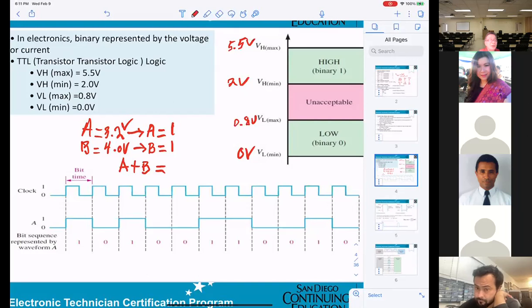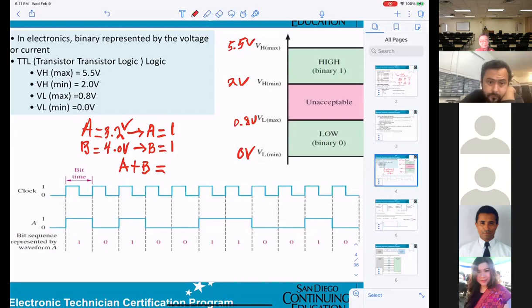Now, in digital, at point A you get 3.2 volts, so you come up with A at logic 1. You measure B, you get 4 volts, and you come up with B equal 1. Now, if I say A adding to B, what do you think you get? Still a 1.